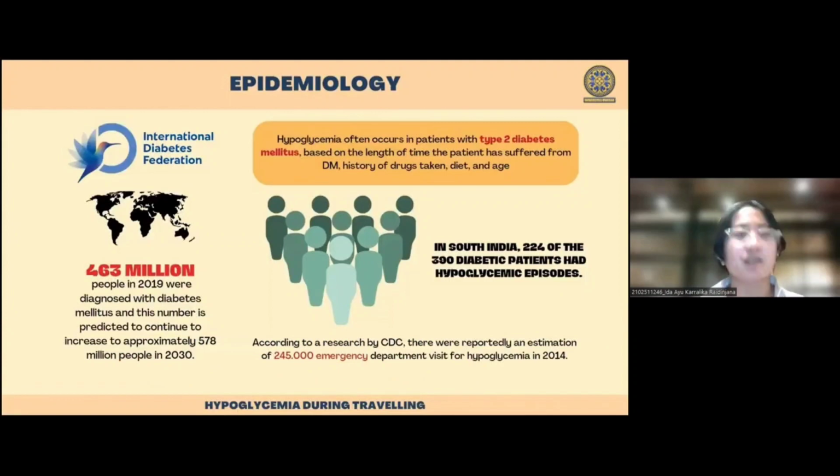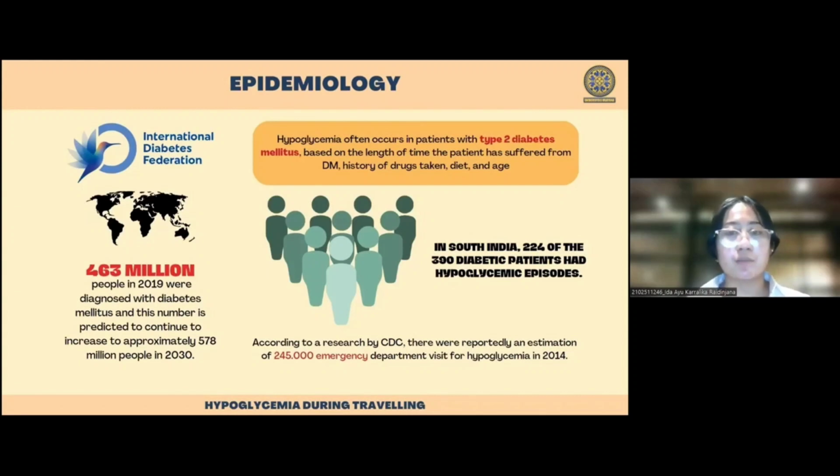My name is Karralika, the last digits of student number 246. Now I will explain about the epidemiology of hypoglycemia. Based on the data by international organizations, there were reportedly people in 2009 diagnosed with diabetes and this number is predicted to increase.